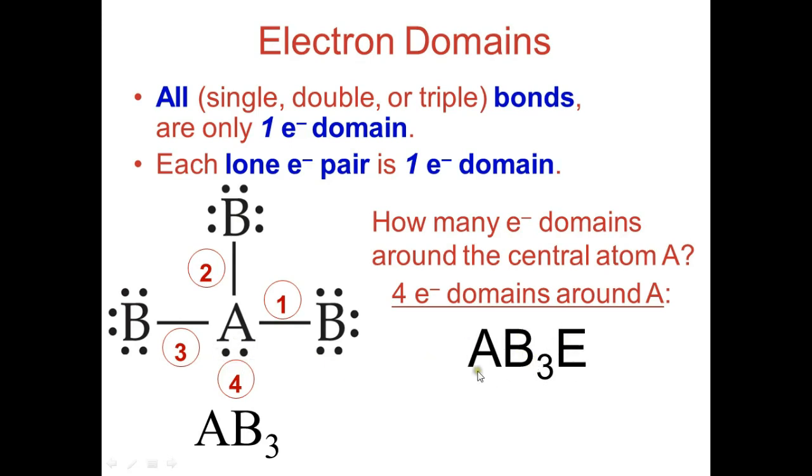E represents this lone pair, and there's only 1, so there's an assumed 1 here. In total there are 4 domains: you can count 3 B's because of the subscript, and then 1 E, because there's an assumed 1.